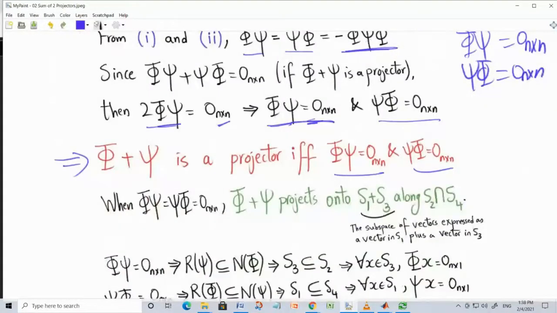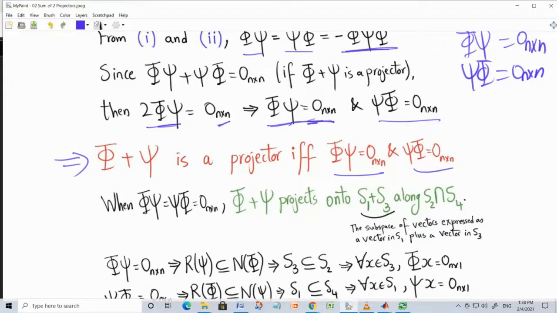So the answer to our question is a conditional yes. If you take two projection matrices, two projectors, and then you add them, you get a projector, but you need a condition.